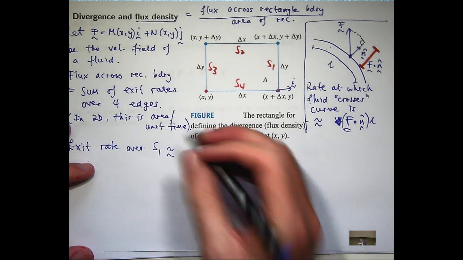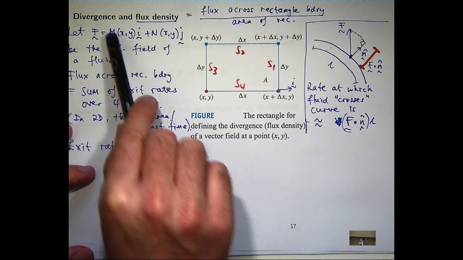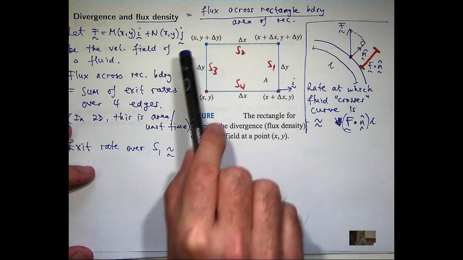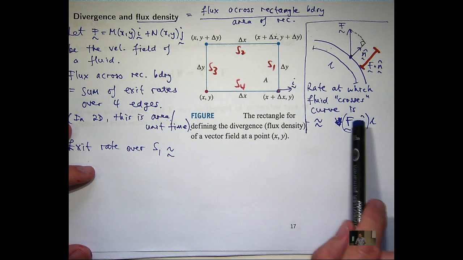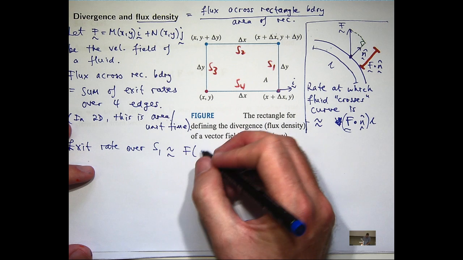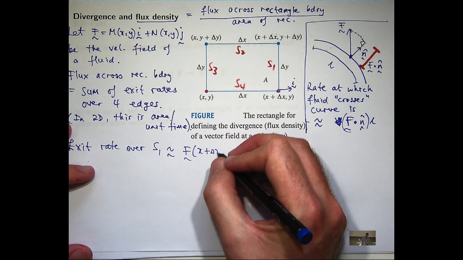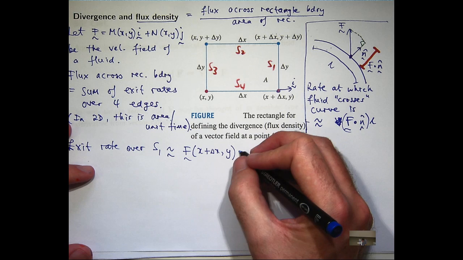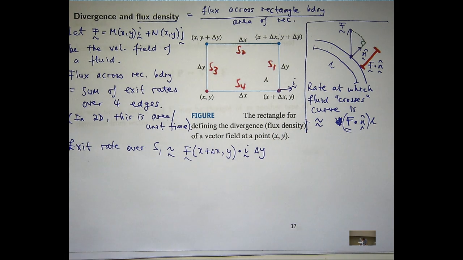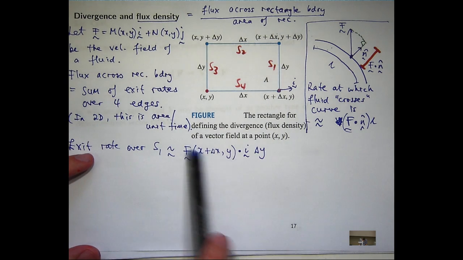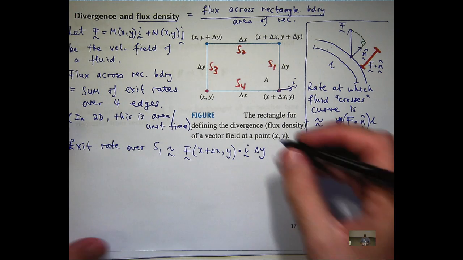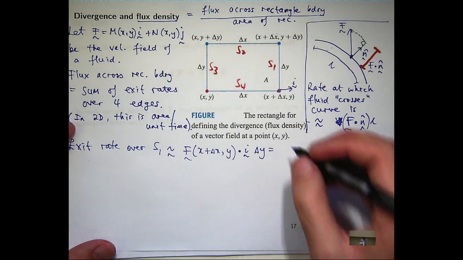So what I'm going to do is evaluate F at my sample point, dot that with my unit normal vector, and multiply by delta y. Now let's write this out in terms of the component functions. Then that's just the following.